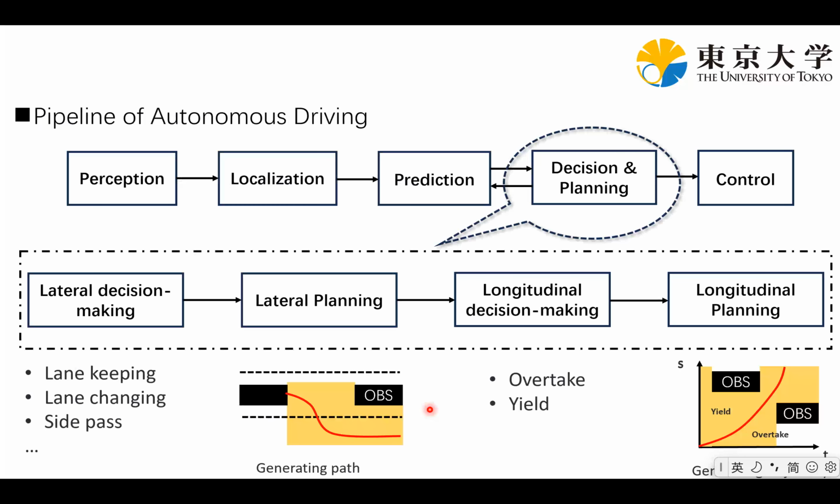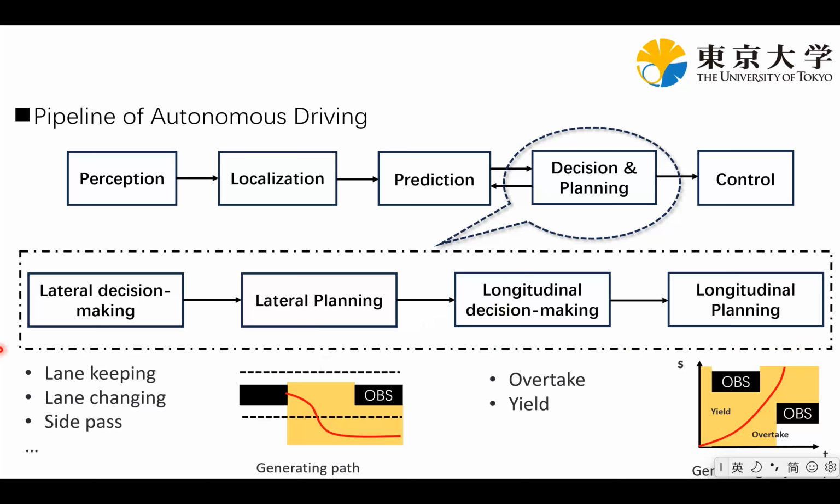Before introducing longitudinal decision making, let's recap the autonomous driving pipeline. In an autonomous driving system, perception and localization are upstream processes while decision making is downstream. Decision making follows a sequence of lateral decision making, lateral planning, longitudinal decision making, and longitudinal planning.